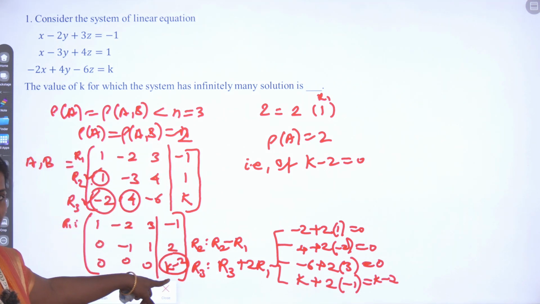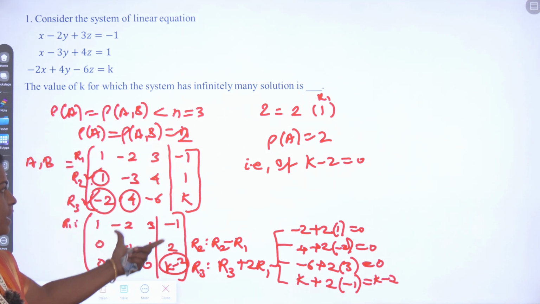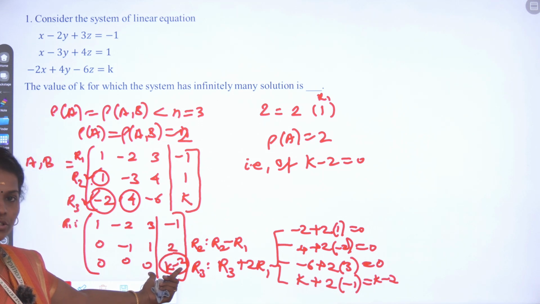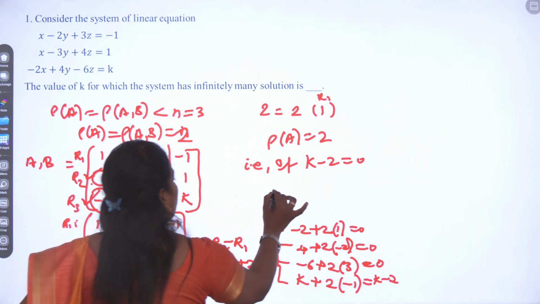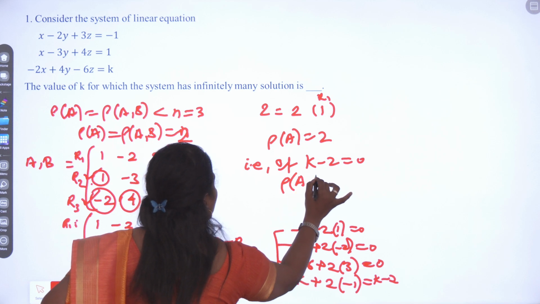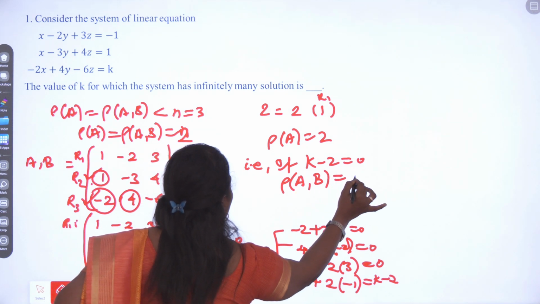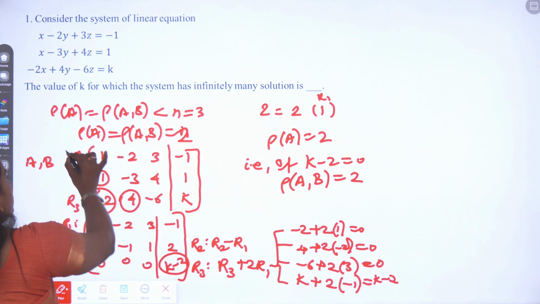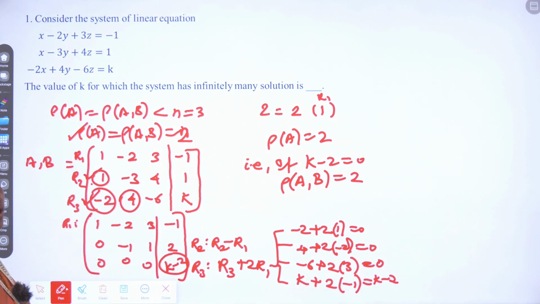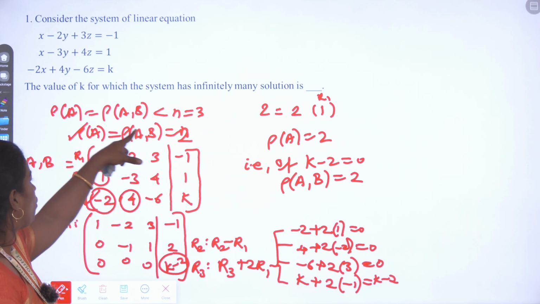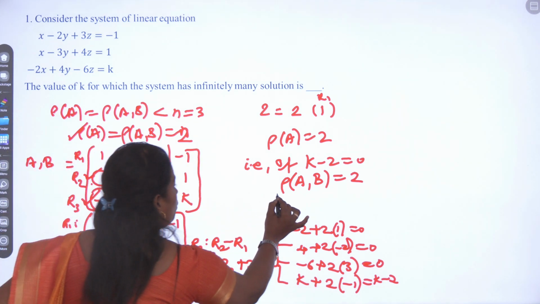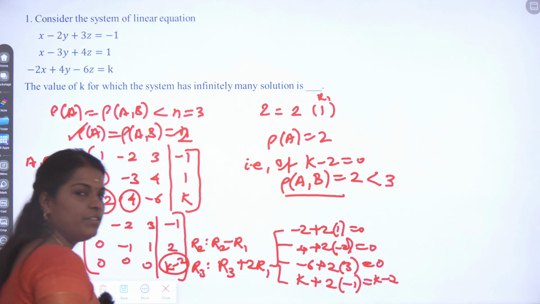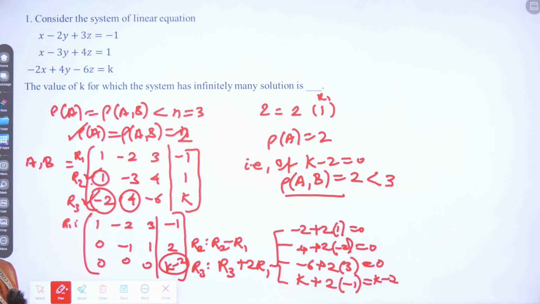If k minus 2 becomes 0, already rho of A is equal to 2, and we get rho of AB equal to 2. So in that case, it satisfies this condition. Rho of A is 2, rho of AB is also 2, and they are less than the number of variables 3, which means it has infinitely many solutions.